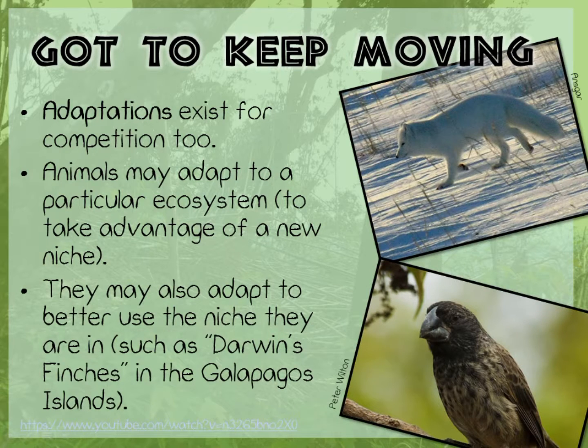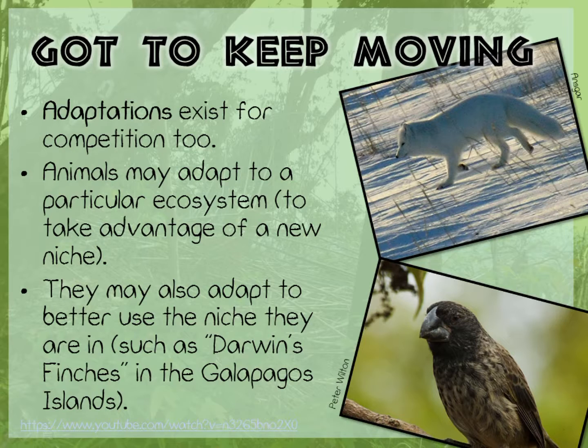They may also adapt to be better able to use the niche that they live in. If there is a need to get better at using food more efficiently, or perhaps needing less water to survive, then that kind of adaptation will keep an organism and a species healthy over longer periods of time.